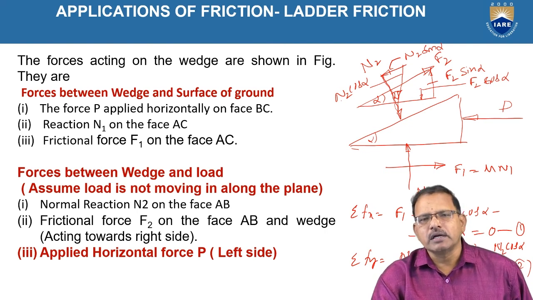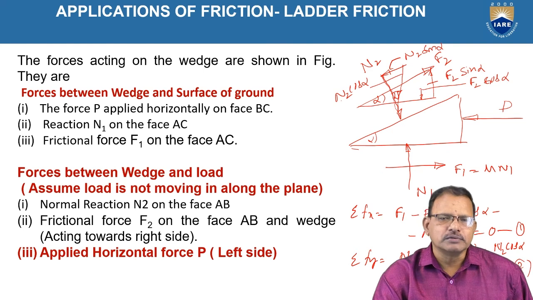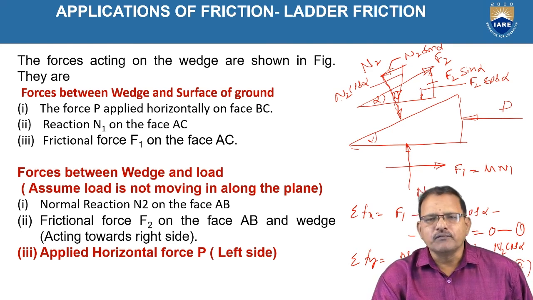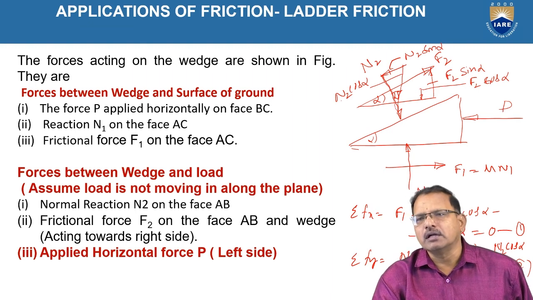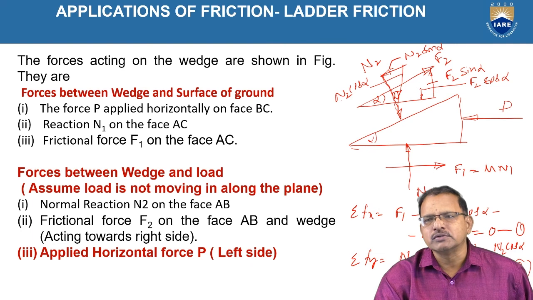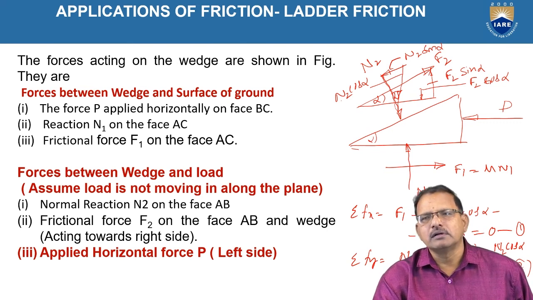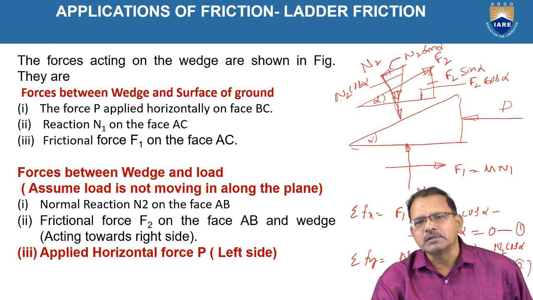The frictional force is acting toward the left side along the plane. By resolving the forces in horizontal and vertical directions and equating to 0, we got sigma Fx is equal to 0, sigma Fy is equal to 0, in terms of applied force P, frictional force F1 and N1, and the normal reaction on inclined surface in terms of N2 and F2.